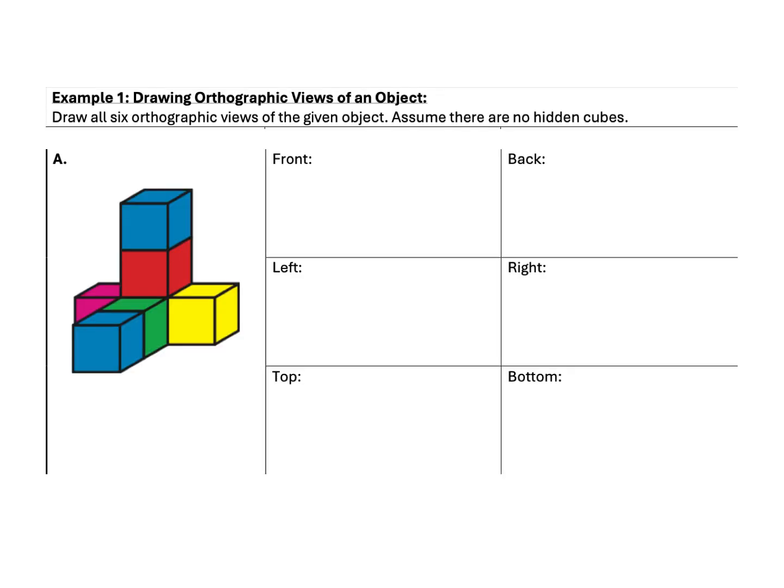So let's try an example. It really does help if you take linking cubes like we did in class and you actually build the object so that you can truly visualize it from each of the 6 different perspectives. The front of the figure is always going to be the way that it's oriented. So if you look here, assuming there are no hidden cubes, so there's no cubes behind there I cannot see, notice that it's 3 blocks across.